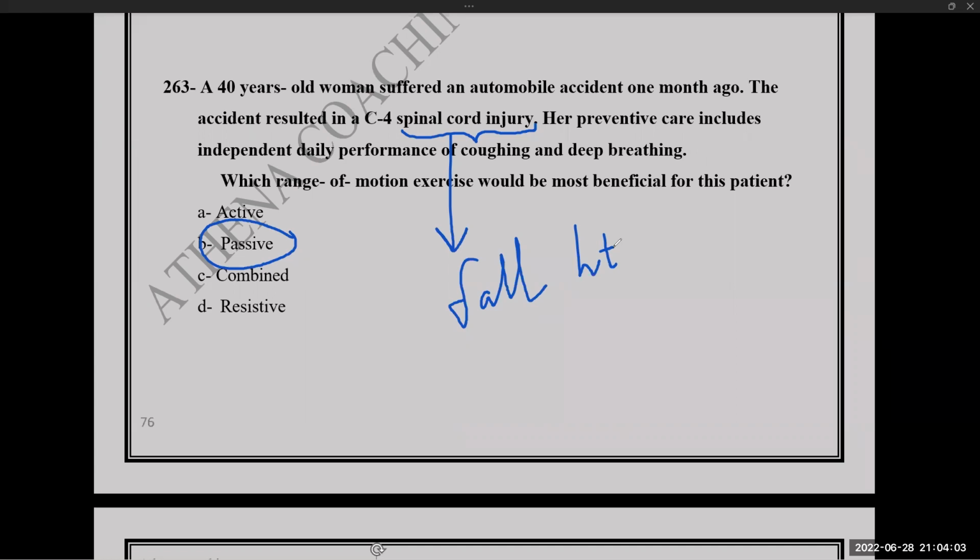Even in road traffic accidents, what are the accidents which cause spinal cord injury?